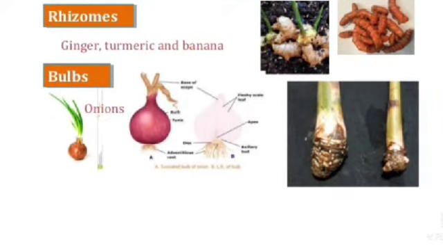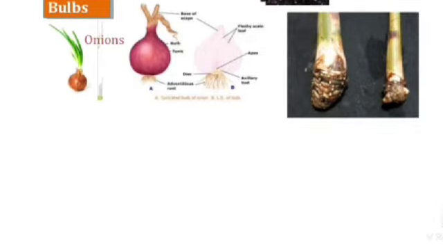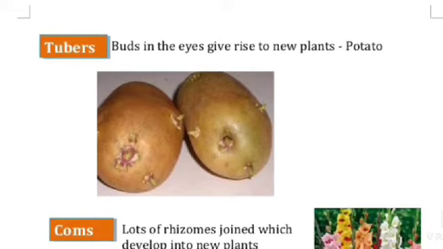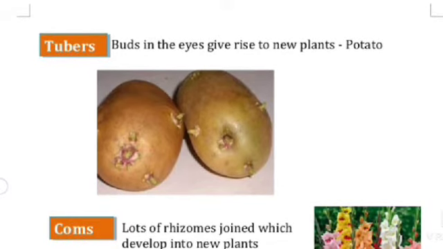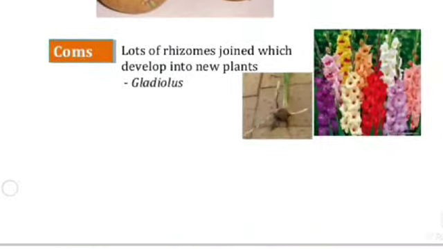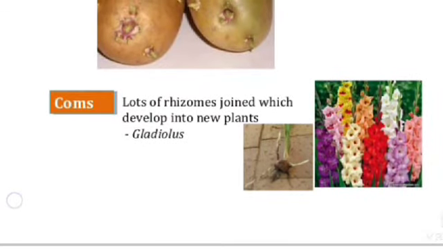Bulbs: onions and garlic. Tubers: buds in the eyes give rise to new plants. Example, potato. Cones: lots of rhizomes joined which develop into new plants.